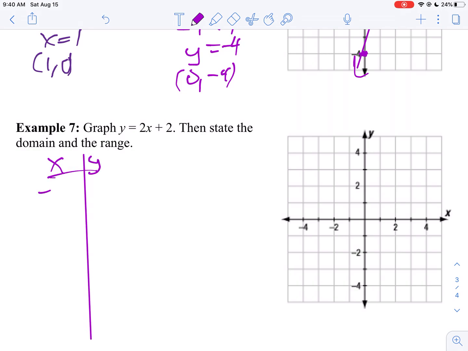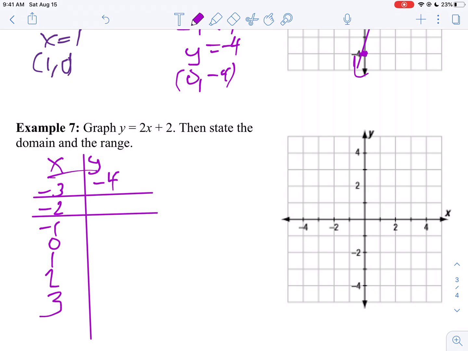And I'm going to go from negative 3 to positive 3. So I'm going to replace x with negative 3. So I go 2 times negative 3, that's negative 6, plus 2 is negative 8. Try that again. Negative 6 plus 2 is negative 4.